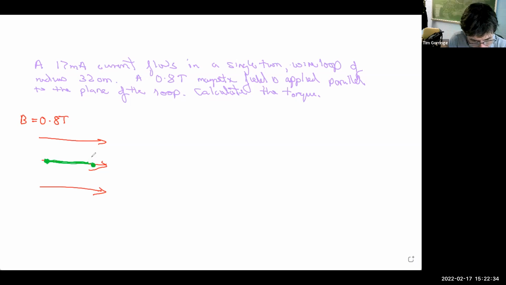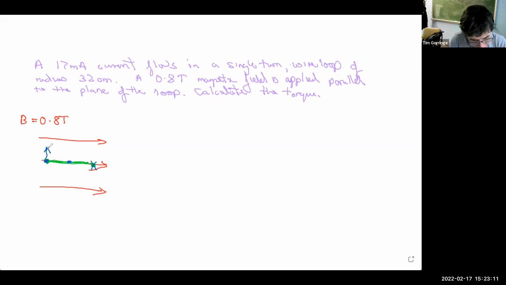Let me add a few things to describe that loop. Let's imagine that the current is flowing up the left arm and then down the right arm. Let's imagine that the loop is able to rotate around its center, and it will be rotated around its center by the fact that there's a torque acting on the loop.